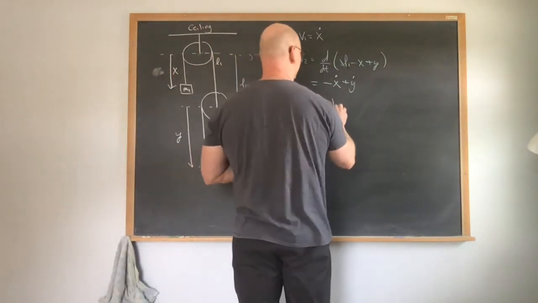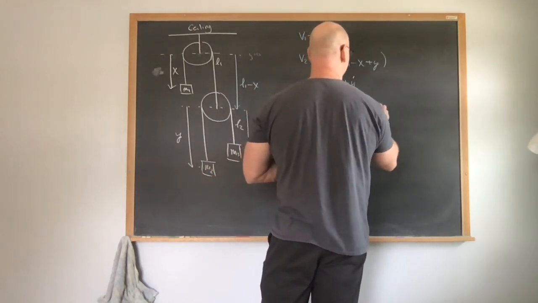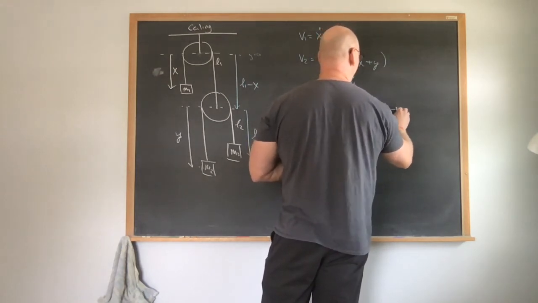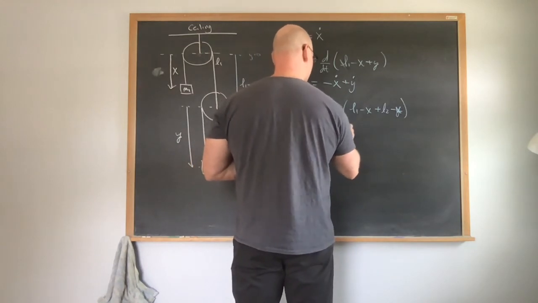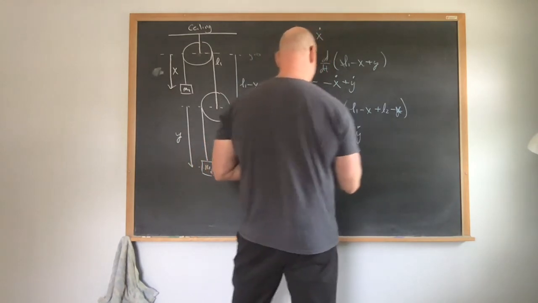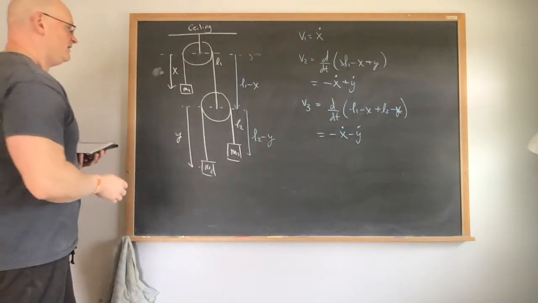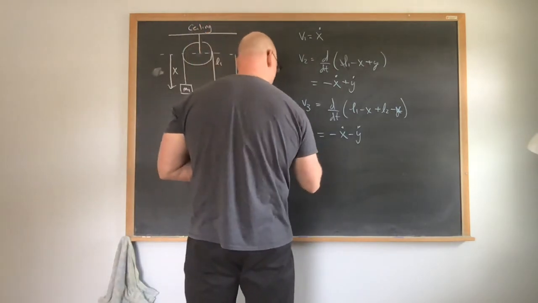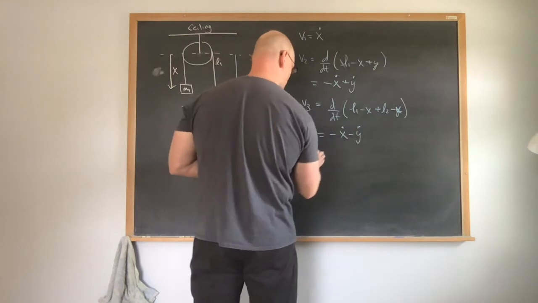So this velocity then is going to be d/dt of L1 minus x plus L2 minus y, which means its velocity then is going to be what? Minus x dot minus y dot. So these are all my velocities. So from this, I can write the kinetic energy. So my kinetic energy then is going to be 1/2 times.